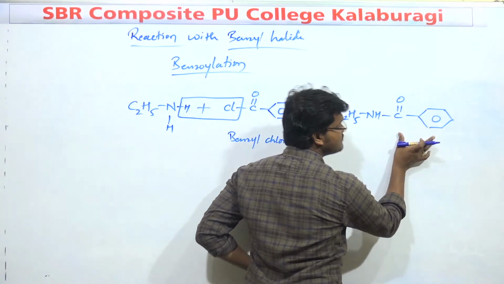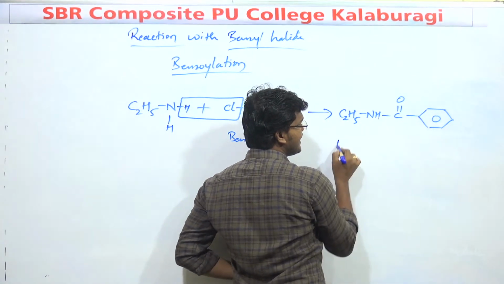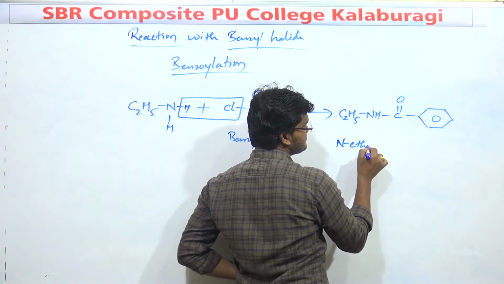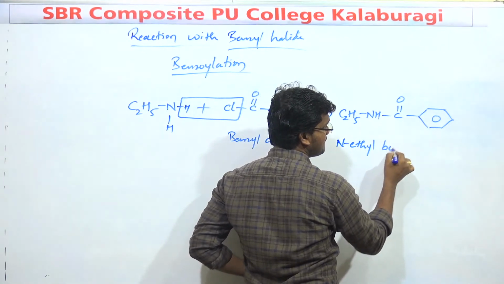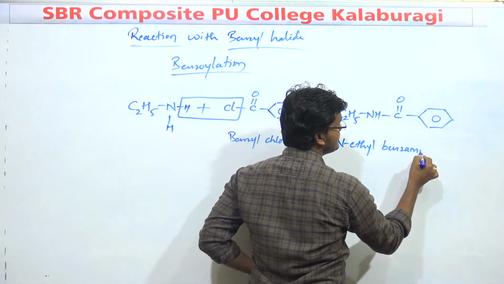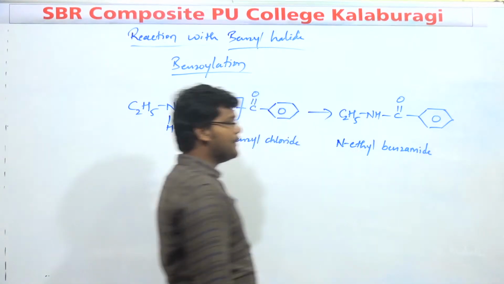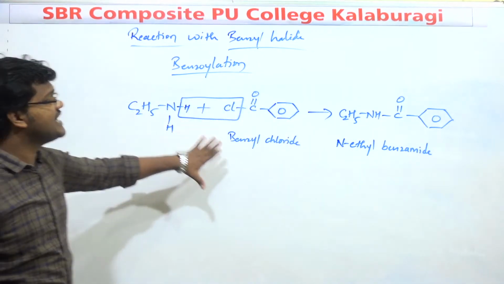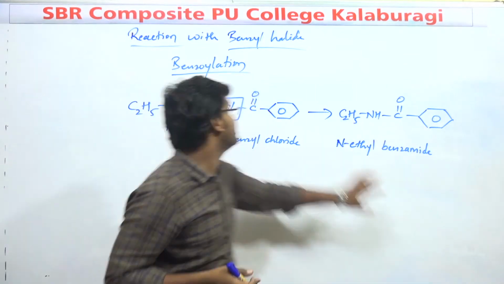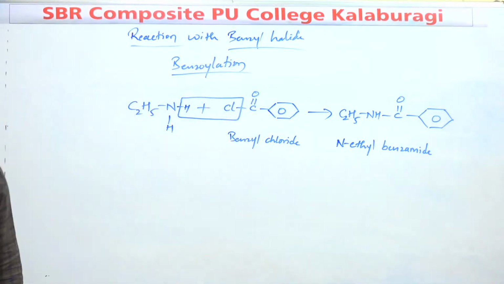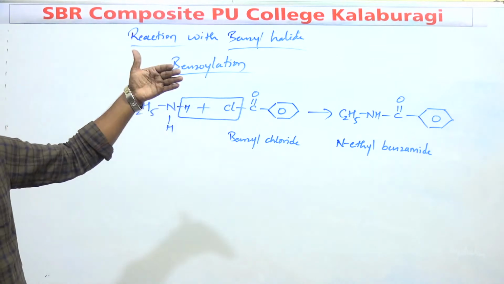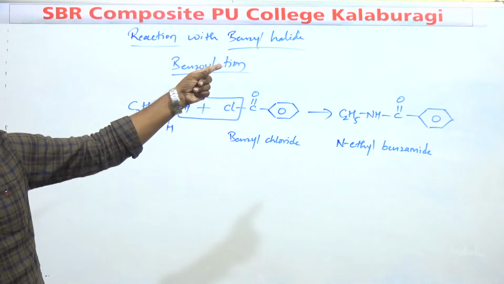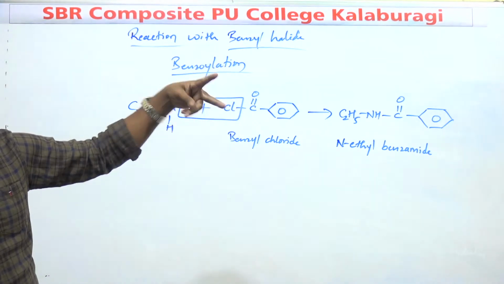The name should end with benzamide. Which benzamide? N-ethyl benzamide. So addition of benzyl chloride so as to get benzamide is nothing but benzylation. Okay? So this is another chemical property, or you can say benzoylation. Clear?